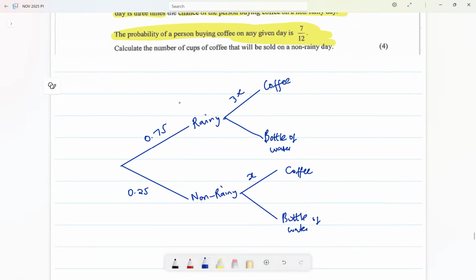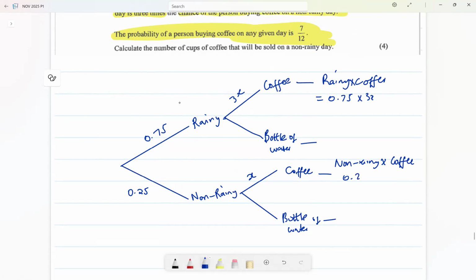Let's now do the probabilities that we might have. It is either raining and you have a coffee, which is 0.75 multiplied by 3x. And then I'm going to concentrate on only coffees because I'm giving the probability of coffee. So when it is non-rainy and you're drinking coffee, it's going to be 0.25 multiplied by x.